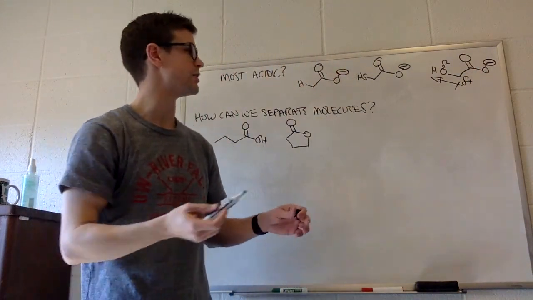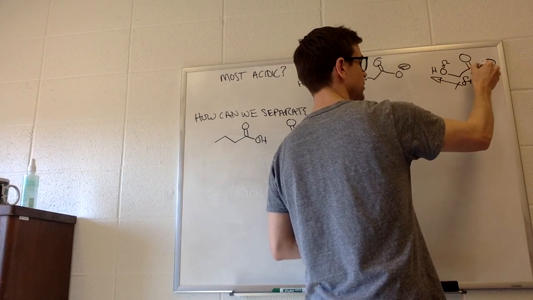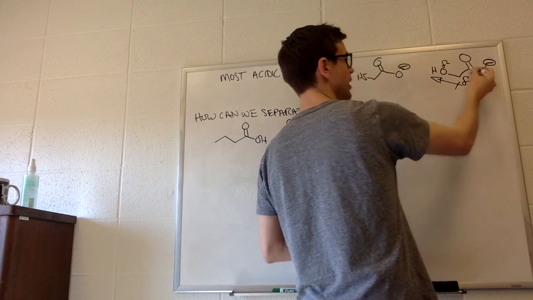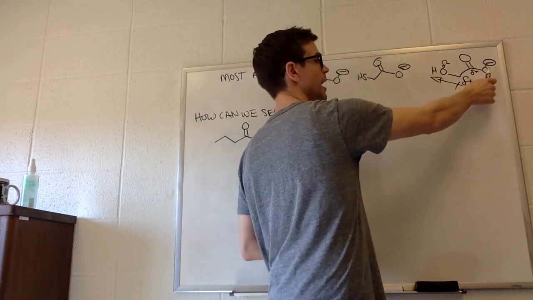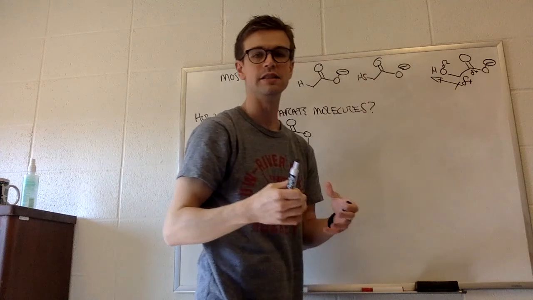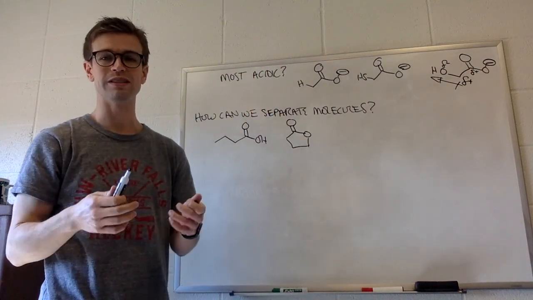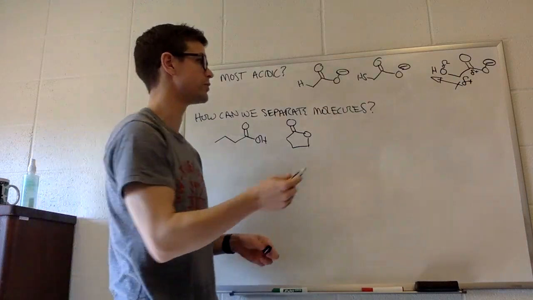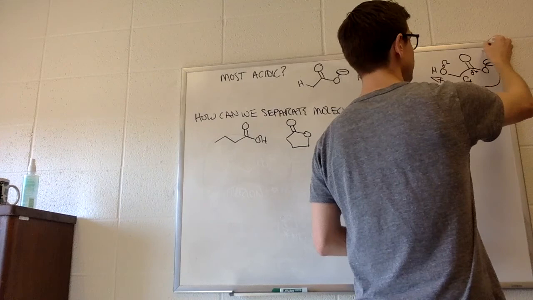That partial positive is transmitted down the backbone of this carbon chain, so we're going to have a partial positive in that position as well, and that partial positive is going to allow these oxygens to delocalize a little bit of that negative charge to that carbon, which is a stabilizing force for the molecule. So this is called the inductive effect, and that's what stabilizes this conjugate base.